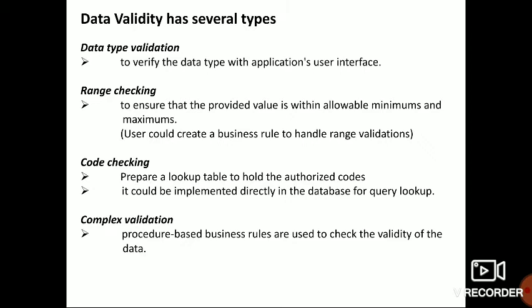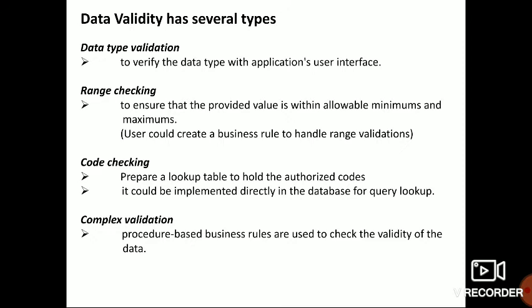Second one, range checking. That means the minimum and maximum length of data available. If you want a maximum level of data in a particular field, it needs to meet your expectations.